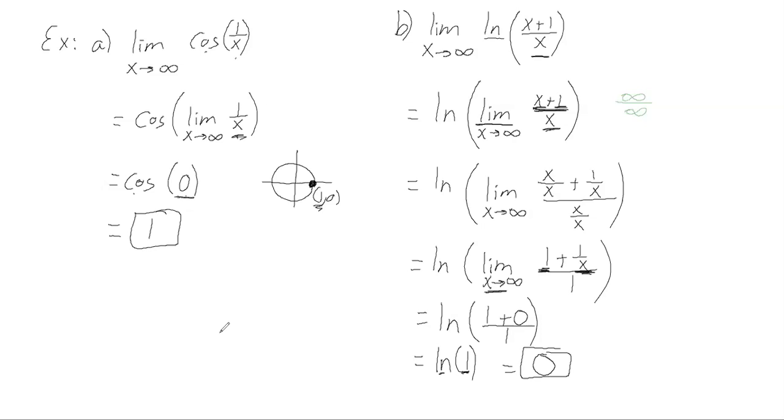Now, what's really going to help you for natural logs is if you think about the graph of them, okay? Think about x-axis, y-axis, and this graph for your natural log function has a vertical asymptote at x is equal to 0. And the actual function itself looks like this. Goes through the point 1, 0.